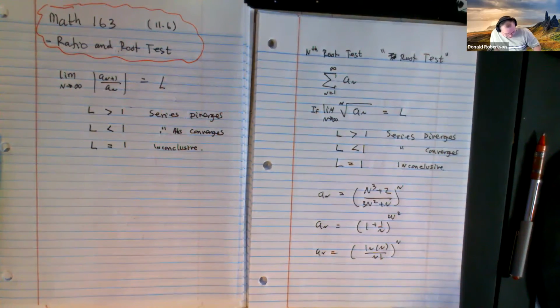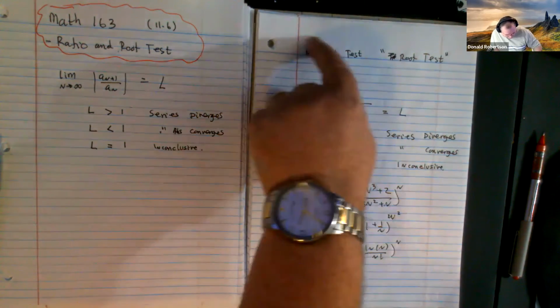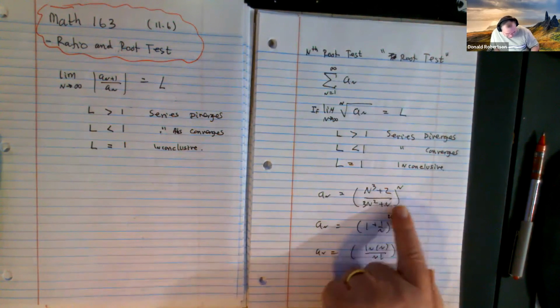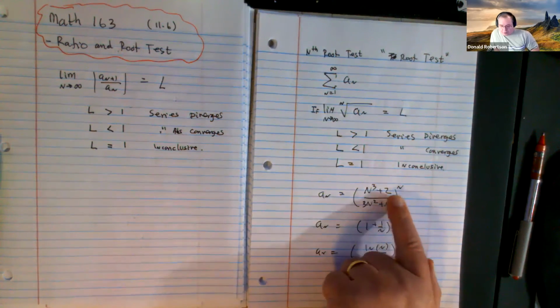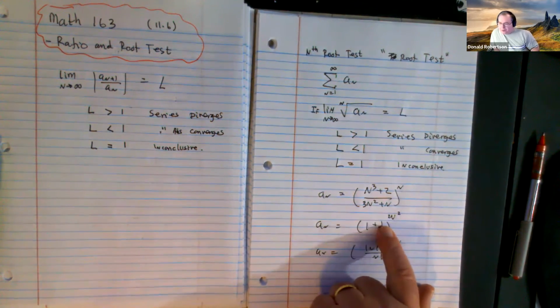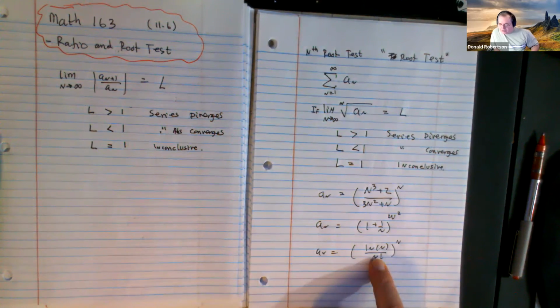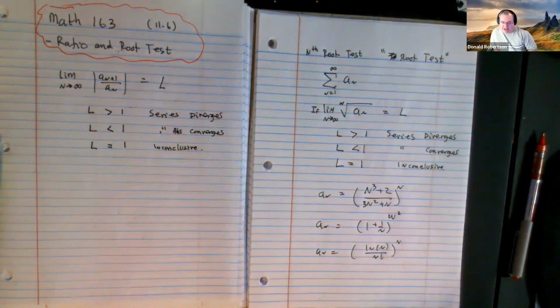So do you notice what makes this test work is, for the most part, don't you have an ugly thing to the power of n, or an ugly thing to the power of 2n squared, right? Or an ugly thing to the power of n. They all have that shape. You would never use the nth root test for n cubed plus 1 over n squared.